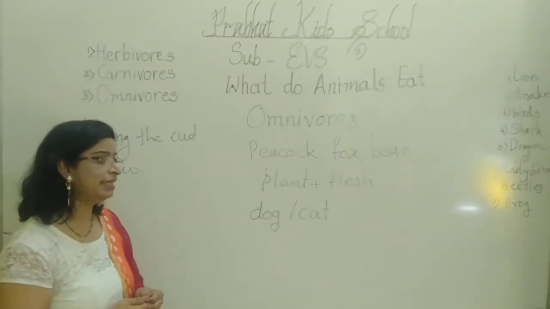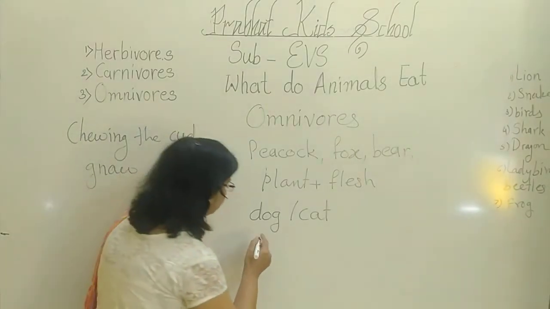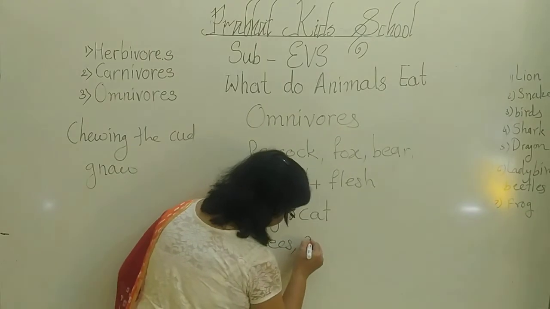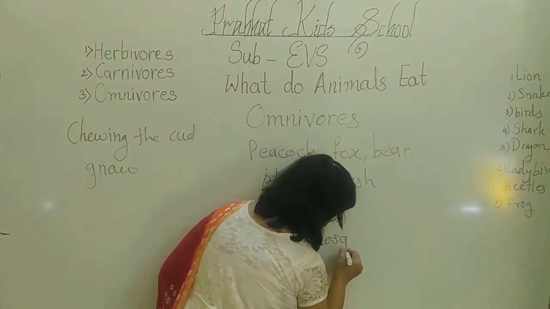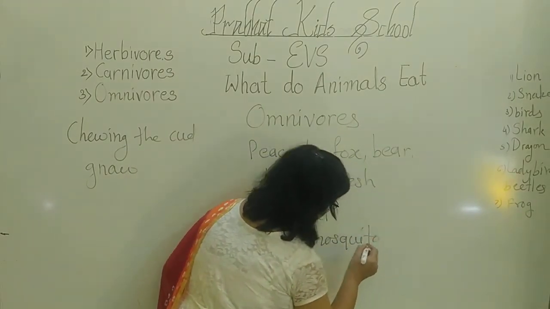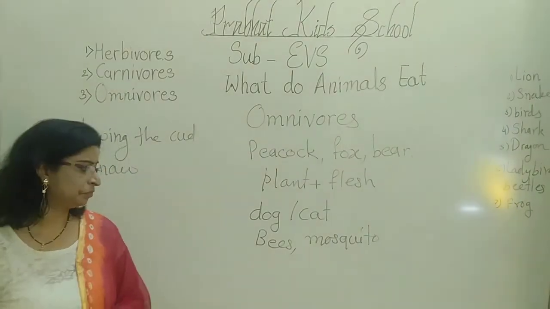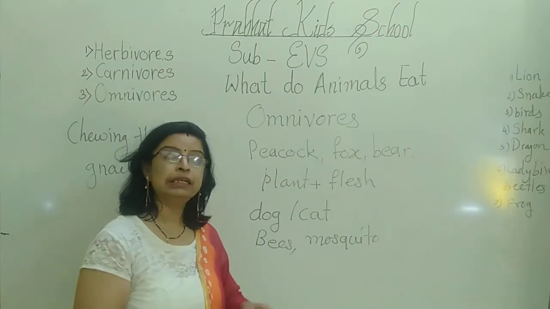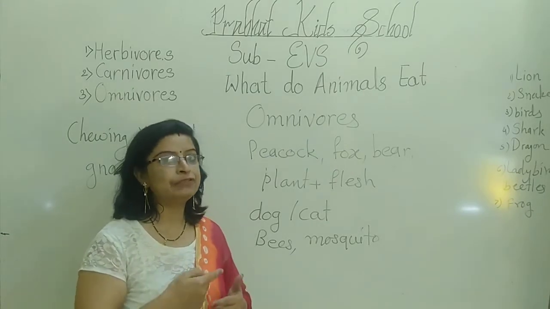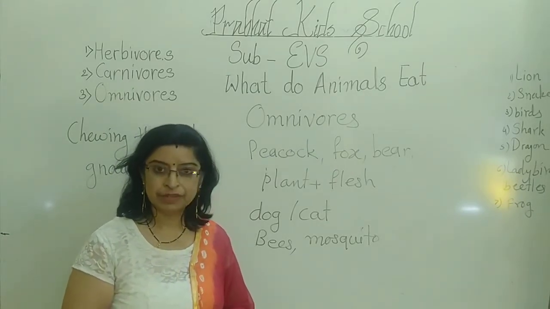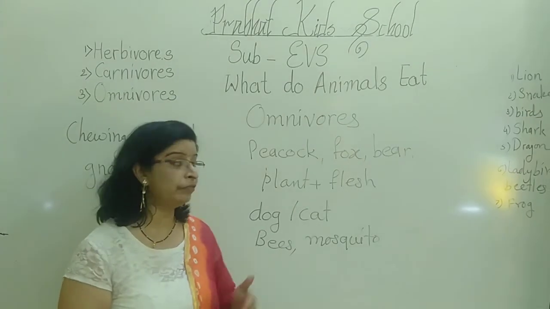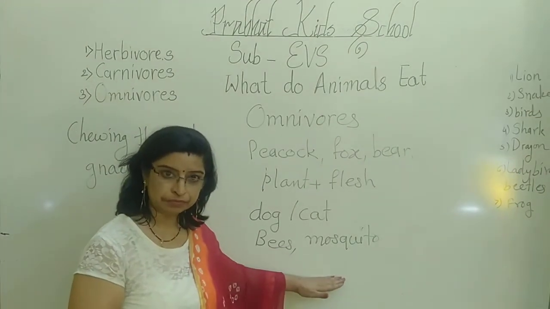Then another one is insects. Bee, yes, you have seen. Then mosquito. So how do they feed? See students, bees and butterflies collect the sweet liquid part of the plant, which is known as the nectar.